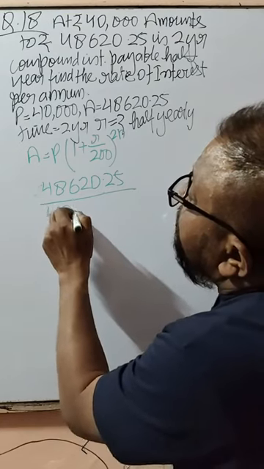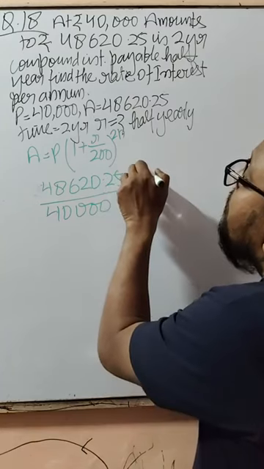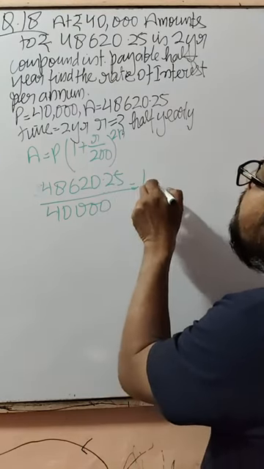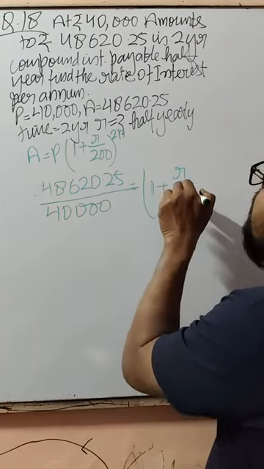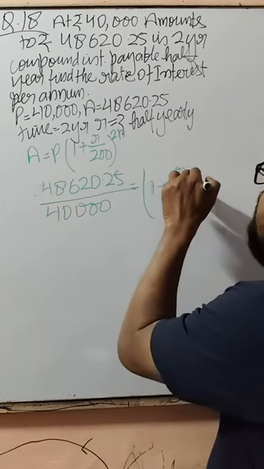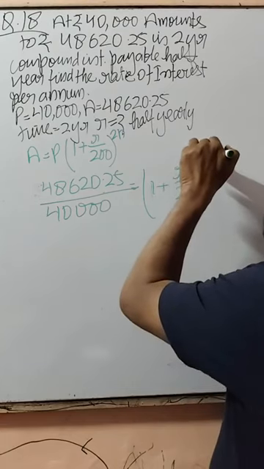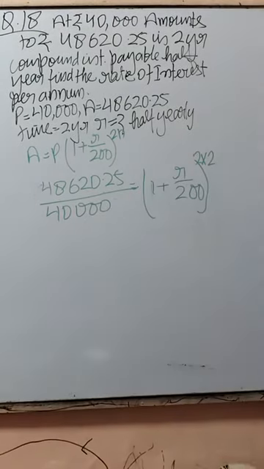It's 40,000 is equal to 1 plus R upon 200 raised to the power 2. Right?